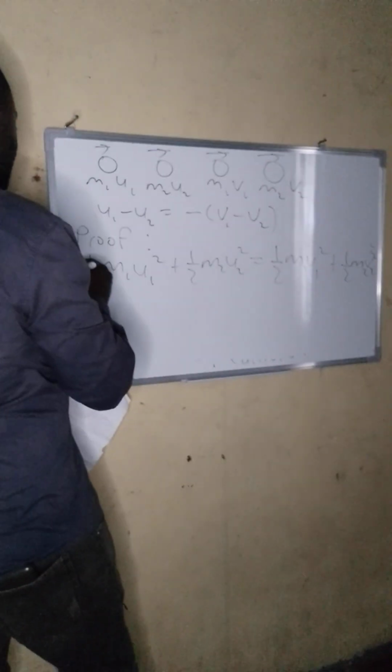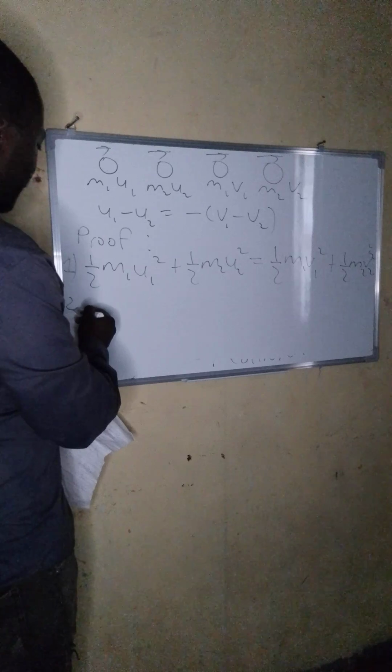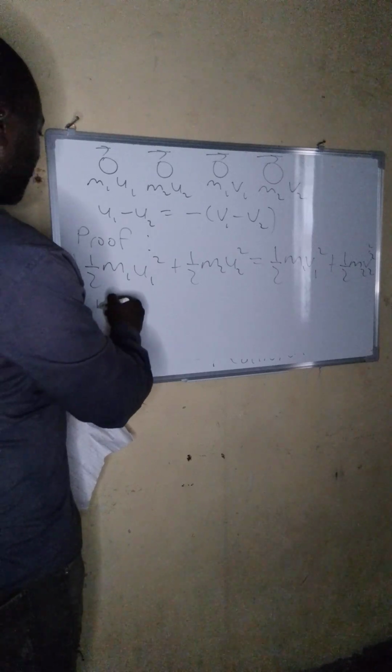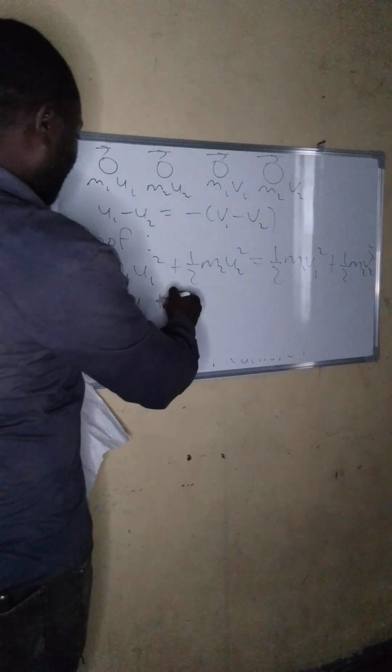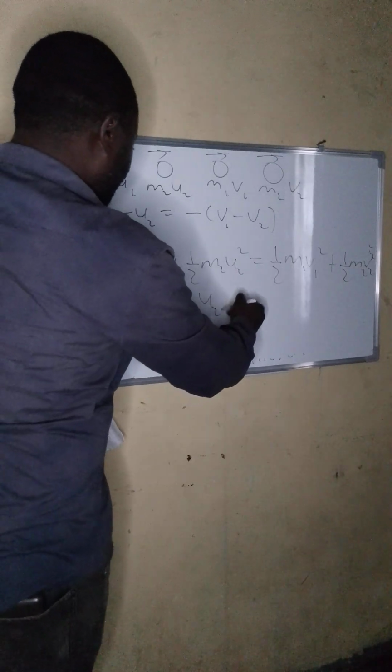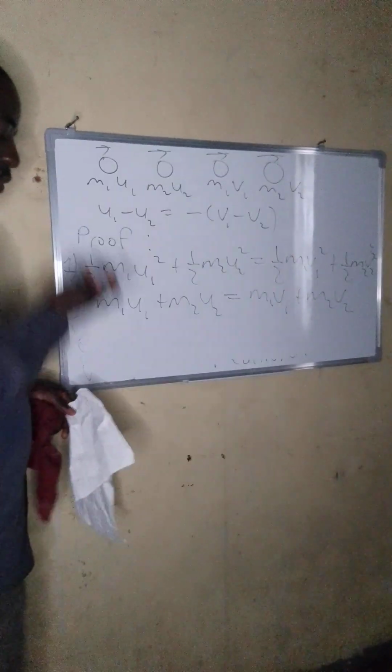This is equation 1. Equation 2 is m1 u1 plus m2 u2 is equal to m1 v1 plus m2 v2. I want to prove the relative velocity result from these.